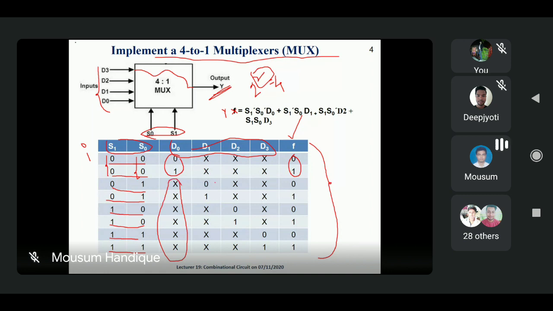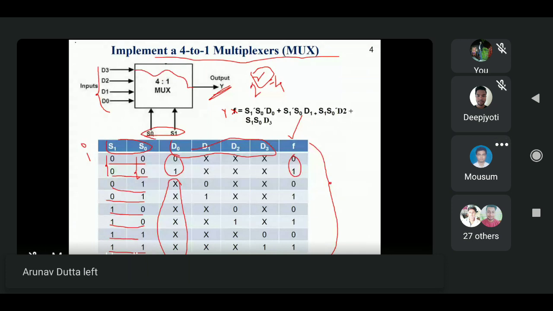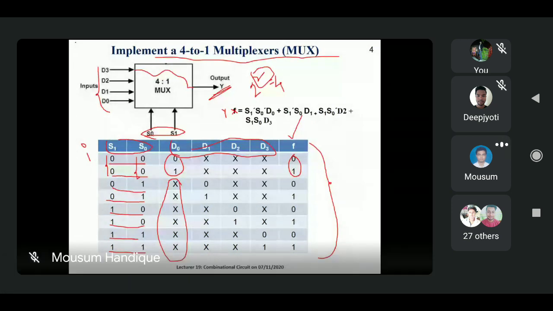Next, see here D1. S1 is 0 and S0 is 1, so this one is 0 1.